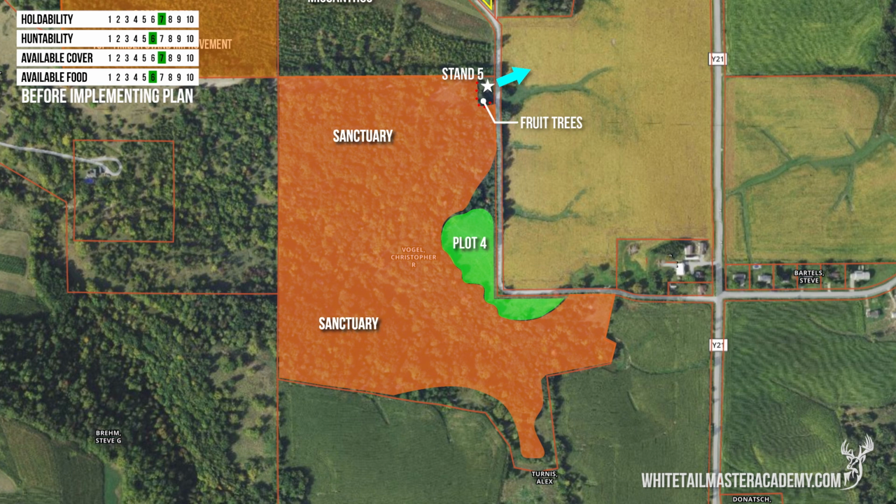We're going to screen it with miscanthus. We're going to put a blind right there at the turn in the road, which will be really easy to access. The client can just come right down the road using a quiet cat bike or whatever, park it there at the edge of the road right under that blind. And we're going to do the same thing here that we did up at the middle section in that horseshoe food plot.